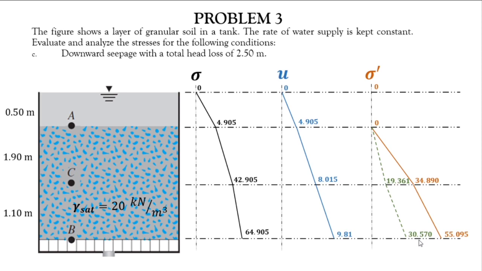Na kung i-compare natin dito sa downward flow, talaga nga naman na nag-increase yung effective stress natin from 19 to 34, from 30 to 55. Malaki din naman yung idinagdag doon sa ating effective stress. Kasi nga, kapag downward flow, parang kinocompress mo yung soil, giving it more strength. Kaya ang ating effective stress ay mas mataas compare sa upward flow or sa no flow.